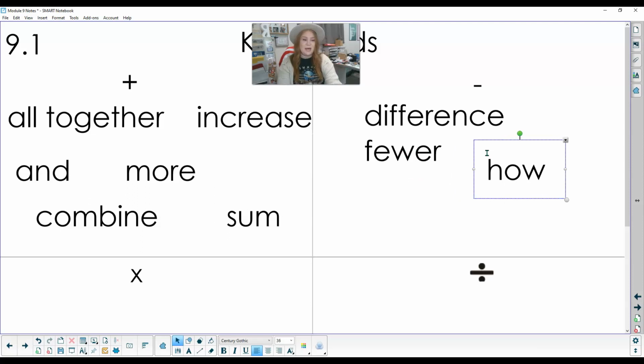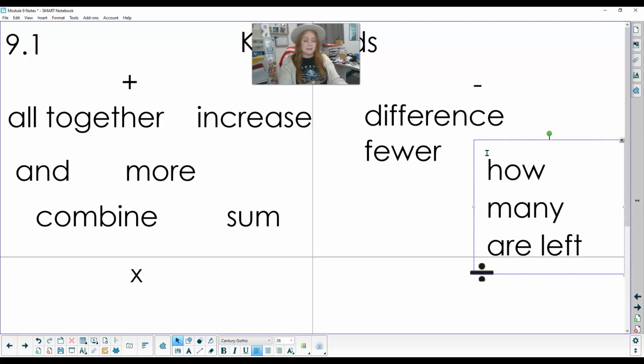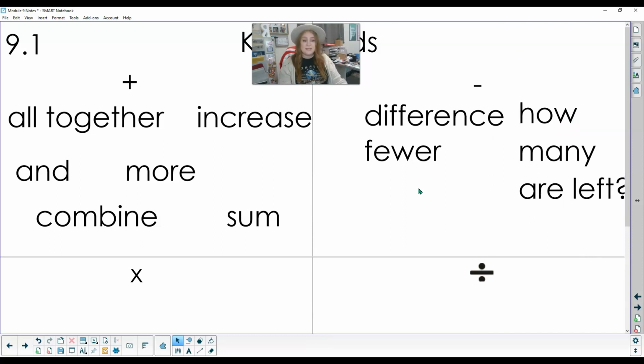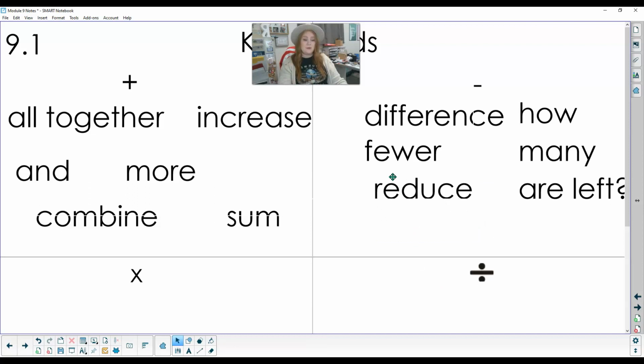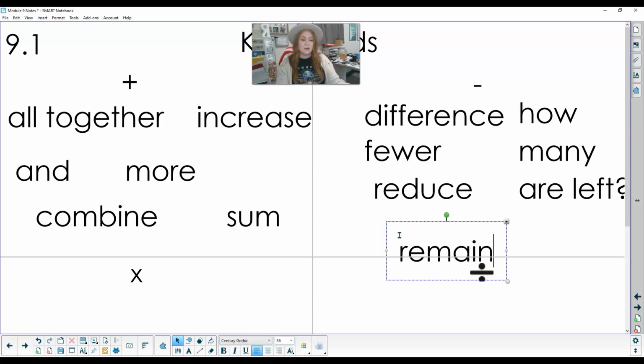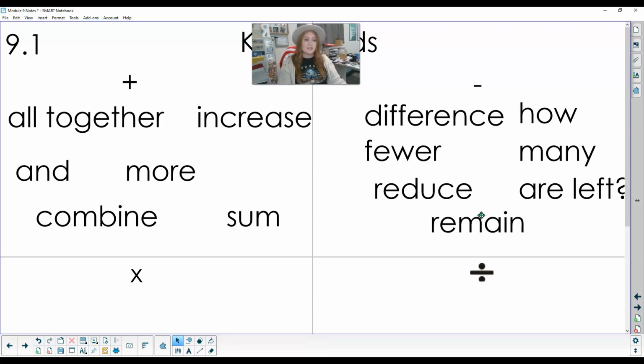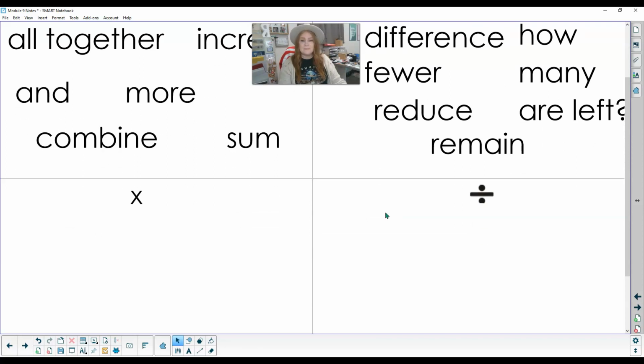It might ask how many are left. It could say reduce or decrease, so it's getting smaller. You could describe how many remain. So difference, how many are left, fewer, reduce, remain, all of those mean to subtract. Pick 3 or 4 of those to write down on your notes.